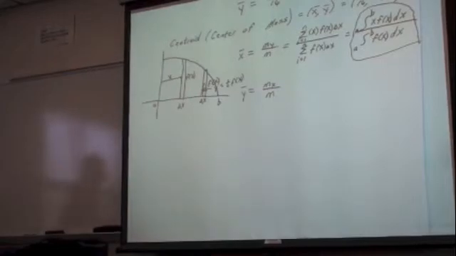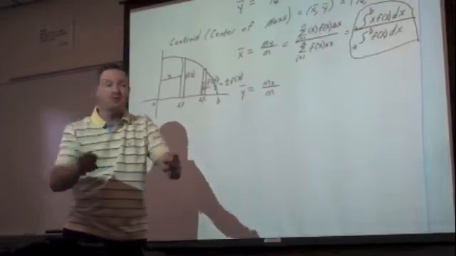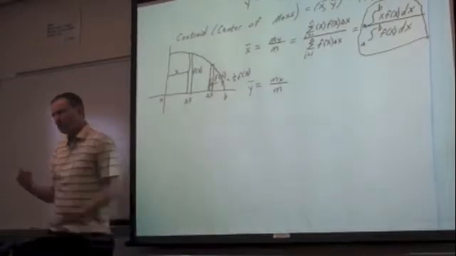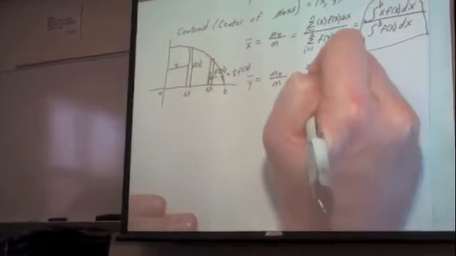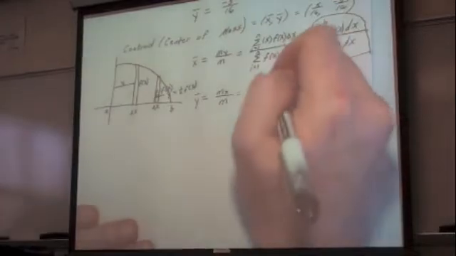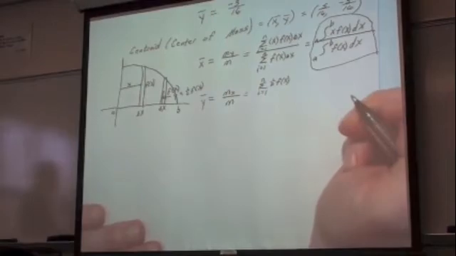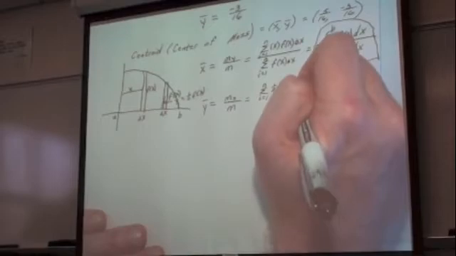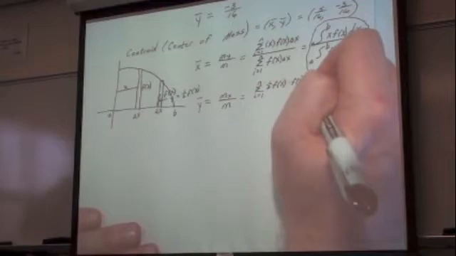Gorgeousness. And so you say, okay, if I want to find the moment about the x-axis, then I'm going to take a summation of all rectangles that look like this. So that's going to be a summation from 1 to n of 1/2 f of x, that's the y value, 1/2 the function's height, times the height of the function, that's the weight of that y value, times the thickness of the curve at that point, delta x.